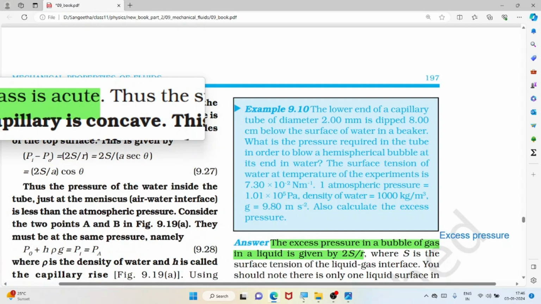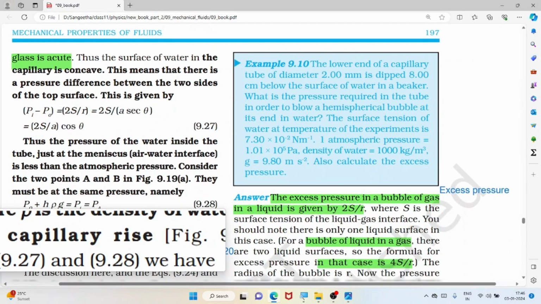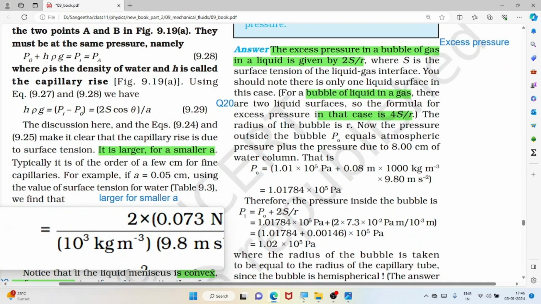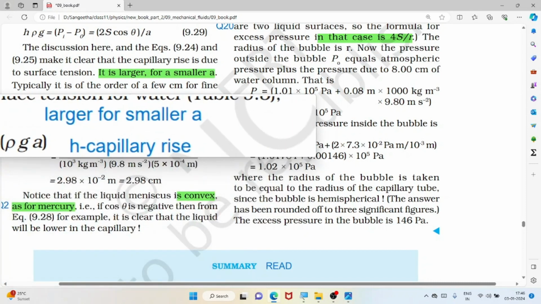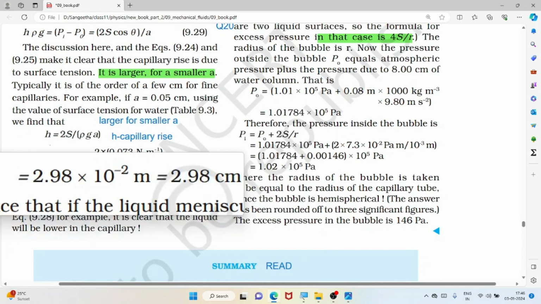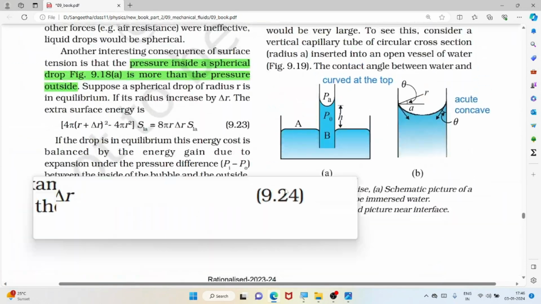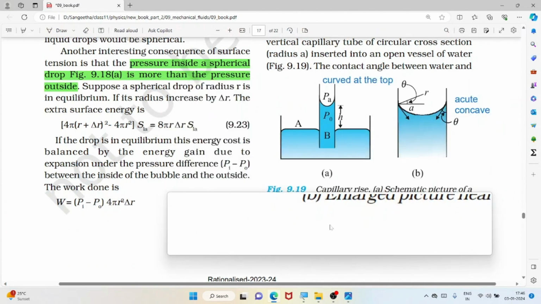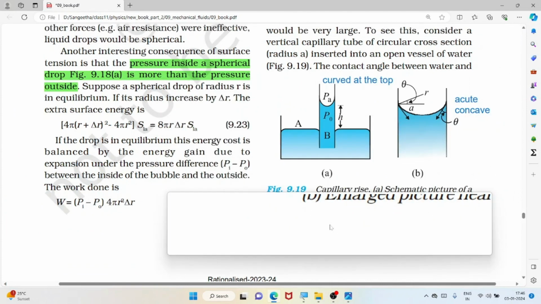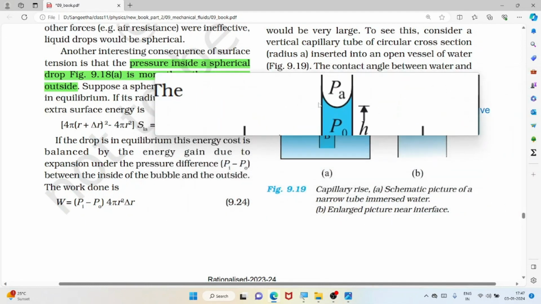So this is acute, glass and water. When A is small, then the capillary rise H will be higher. See this tube, if it is less, meaning this length is less, the H will be more.